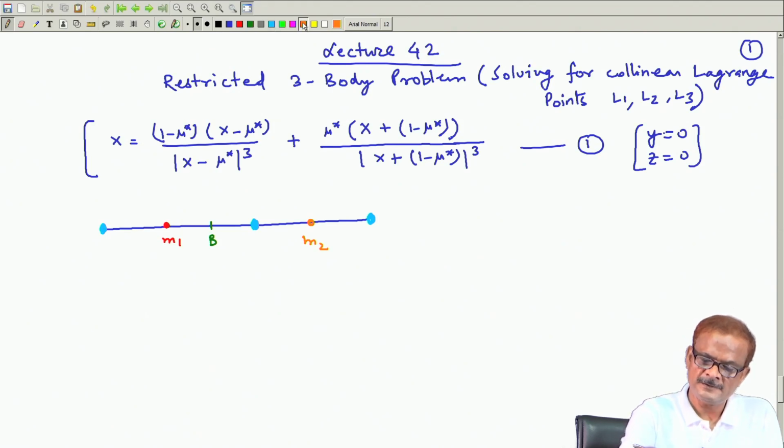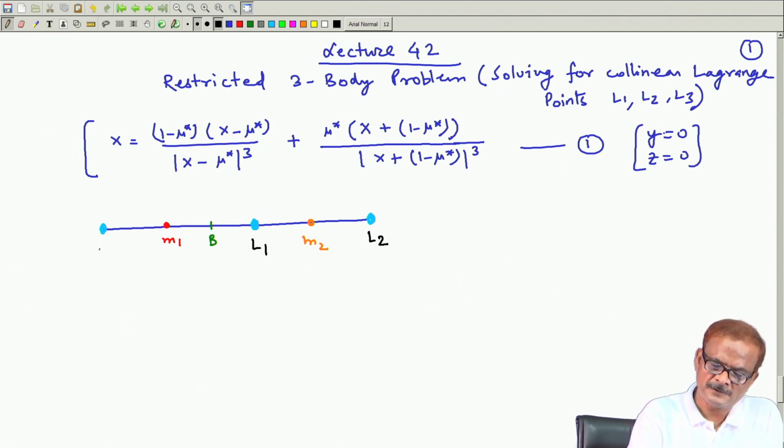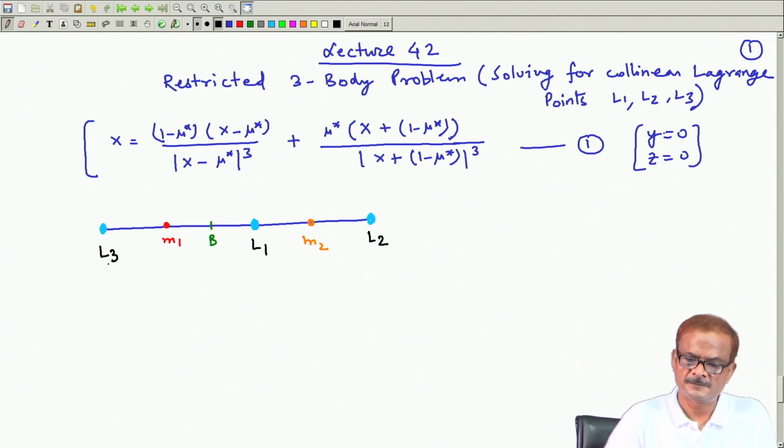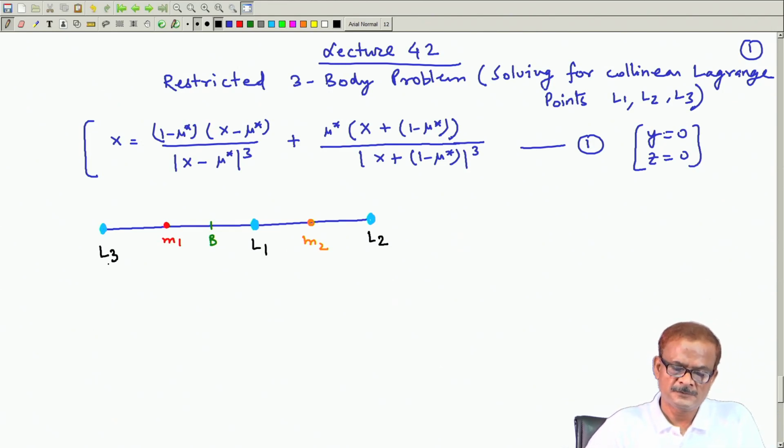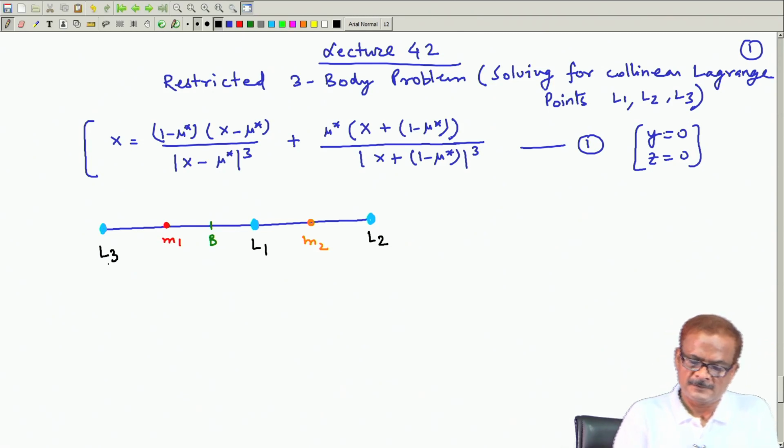Accordingly, these positions are named: this is L 2, this is L 1, and this is L 3.